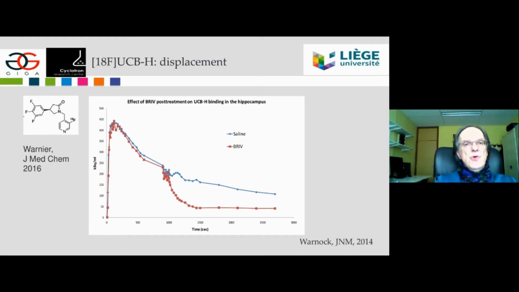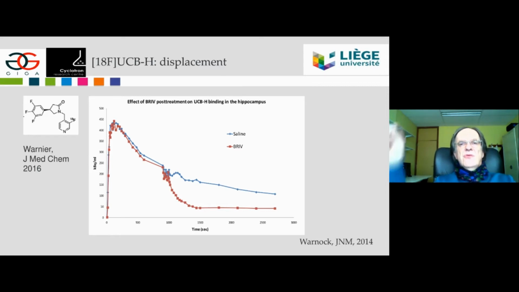And in blue, you can see that when you inject the drug intravenously, you've got a relatively rapid increase in the brain, and then a progressive decrease, a washout of the binding, which goes on over time.